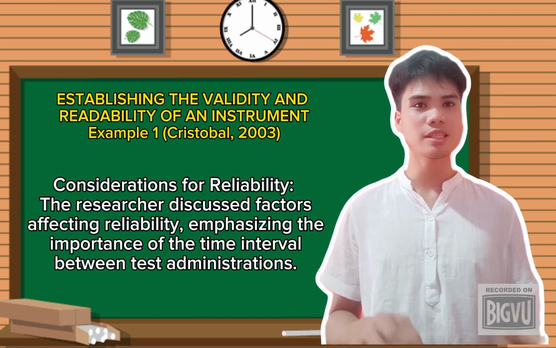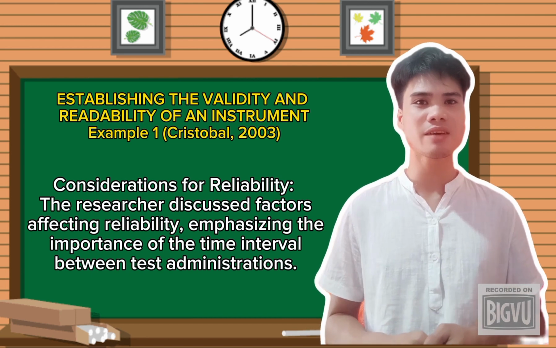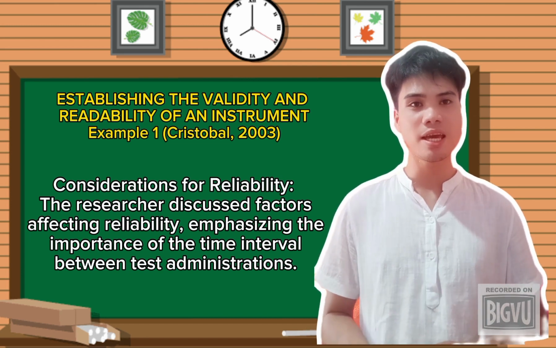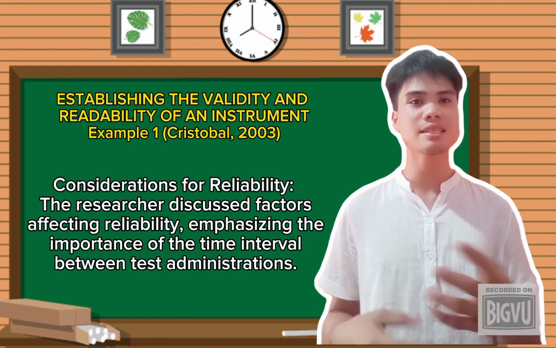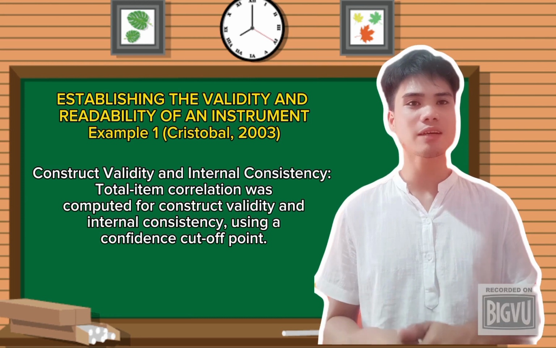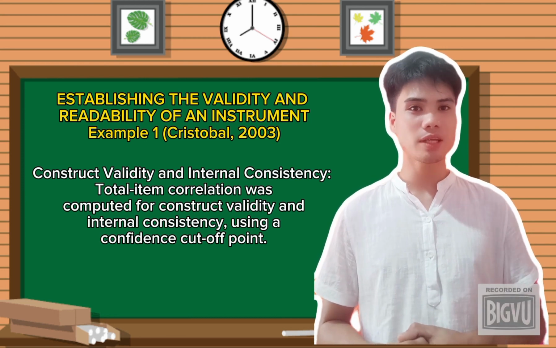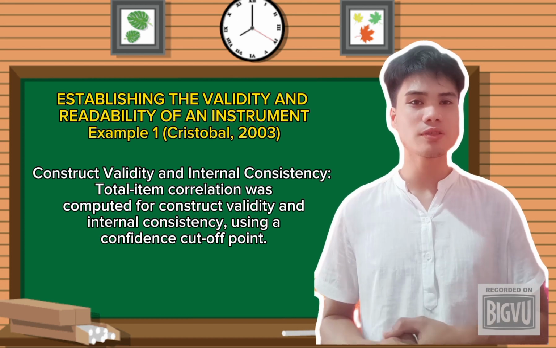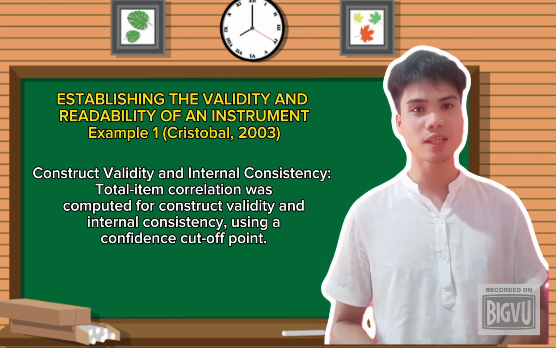Next are considerations for reliability. The researcher discussed factors affecting reliability, emphasizing the importance of the time interval between test administrations. Next is construct validity and internal consistency. Total item correlation was computed for construct validity and internal consistency using a confidence cutoff point.